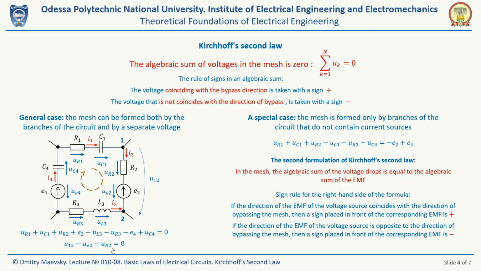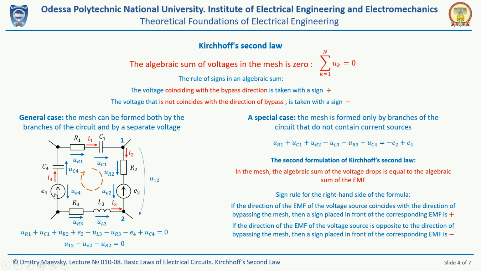This is the general case of writing Kirchhoff's second law, and we can use it in any case, for any electrical circuit at any operation mode. But there is a special case when the mesh is formed only by branches of the circuit that do not contain current sources.